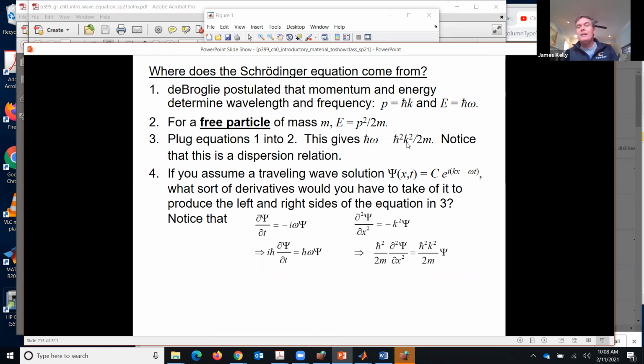Similarly, if I want a factor of k squared to appear on this side of the dispersion relation, I better be taking two x derivatives of this. So let's just experiment. If I take the second x derivative of this function, the chain rule says you've got to pull out a minus k squared. I didn't want a minus k squared to appear out in front.